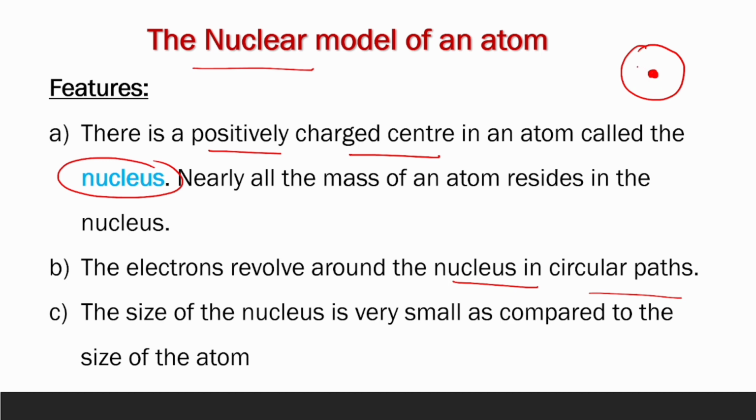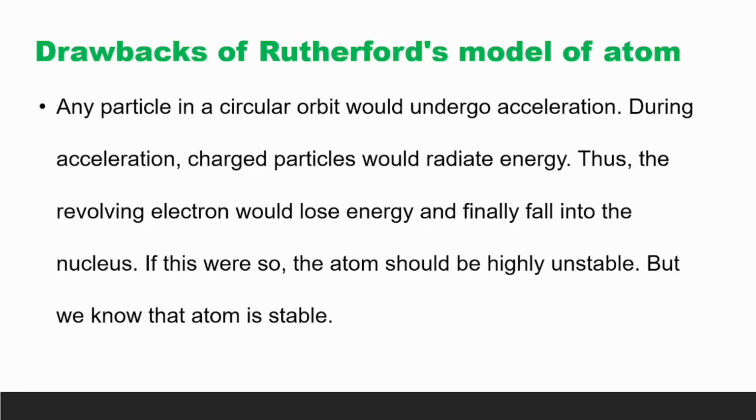And the third postulate was that the size of the nucleus is very small compared to the whole size of the atom. These are the three postulates. Today we will discuss the drawbacks of the model proposed by Rutherford.